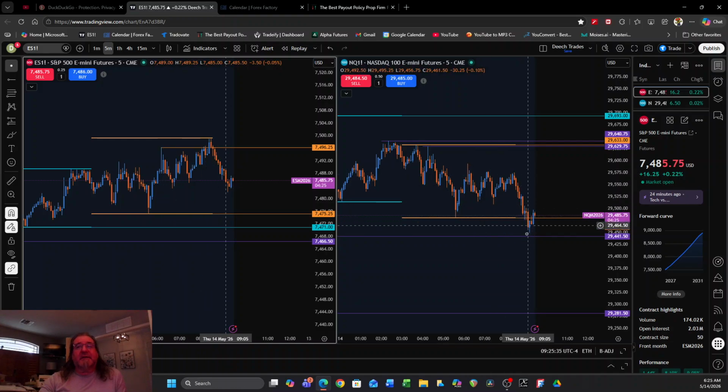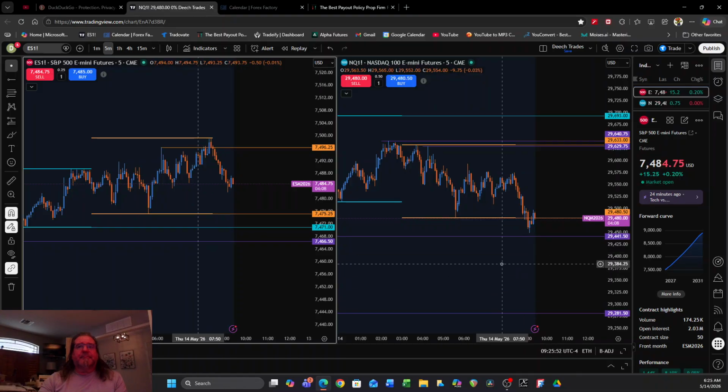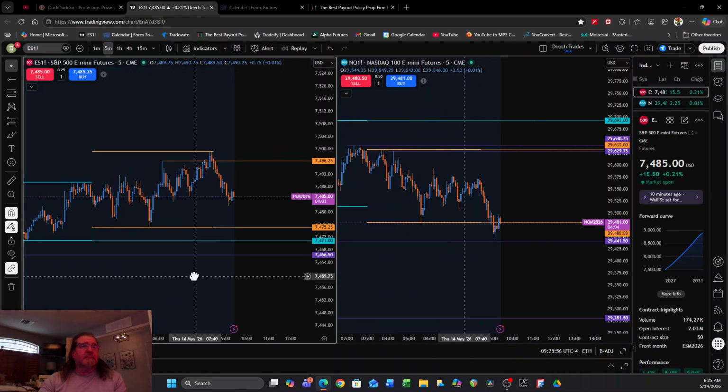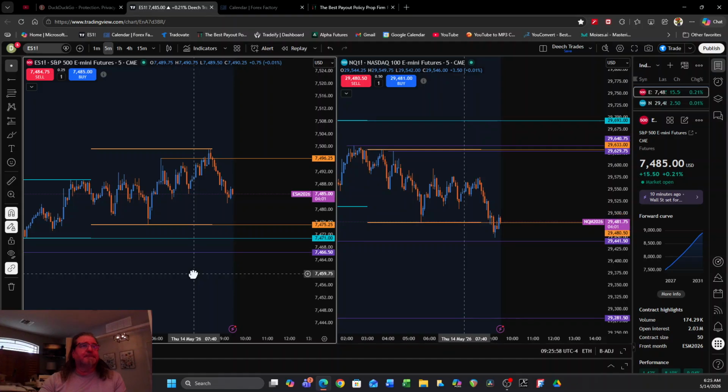Although we are in a downtrend, if we do see distinct signs for a reversal, then I have no problem going long on this. But I really think we're just going to have to watch the market, because it's going to do what it wants to do.